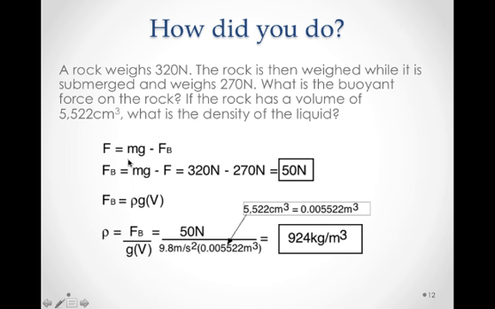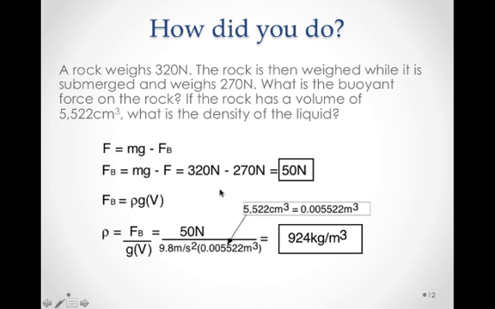So rearranging things here, in other words, subtracting the buoyant force from both sides and then subtracting this force from both sides, we end up with this equation. If we simply take the difference between what the rock would have weighed and what the rock weighs when it's submerged, we can see that the buoyant force is the difference, or 50 newtons.